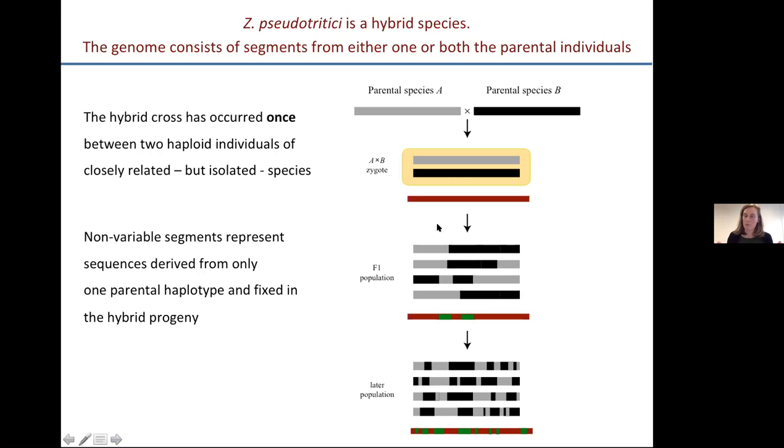This hybrid population has then been crossing among itself, but has never back-crossed to any of the parental individuals or to anything else. That's the only scenario whereby we can explain these long regions with absolutely no variation. And of course, the variable segments, these 2 haplotypes that we identify, represent those sites in the genome where the fungal individuals have inherited either the sequence from parent 1 or from parent 2.